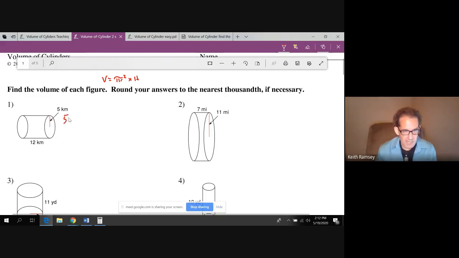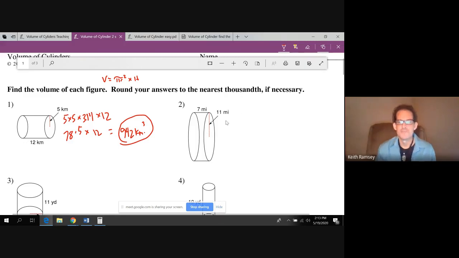So I want 5 times 5 times pi times the height, which is 12. So I know 5 times 5 is 25 times pi is 78.5 times 12. I got 942 kilometers cubed.